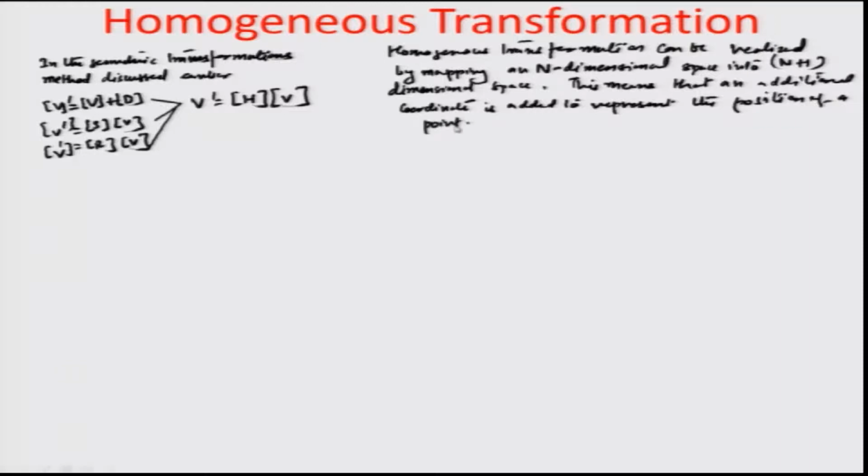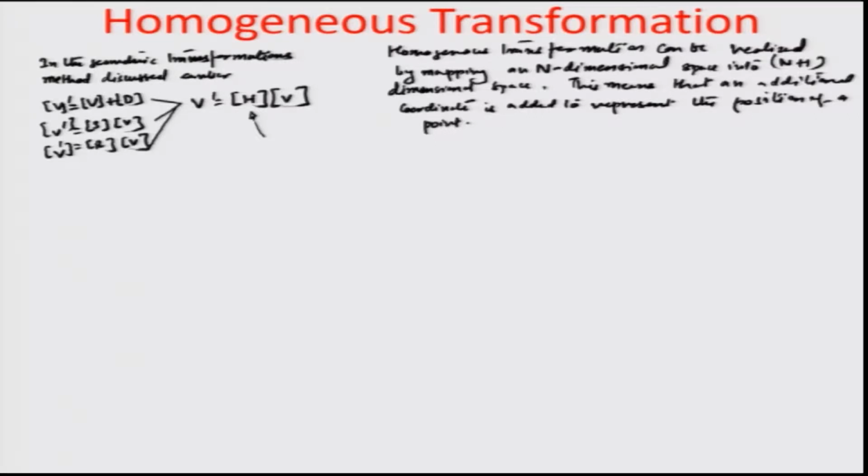So, geometrically it has no meaning, it is only a dummy kind of variable, but it will enable you to get from a 3 by 3 matrix into a 4 by 4 matrix, where this homogeneity of transformation can happen for all the 3 operations mentioned here.